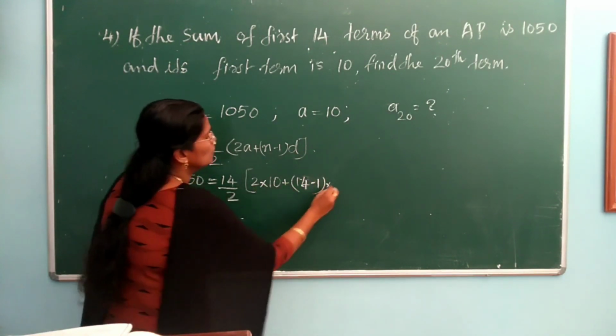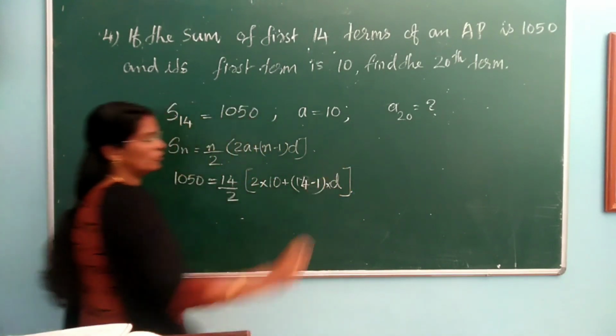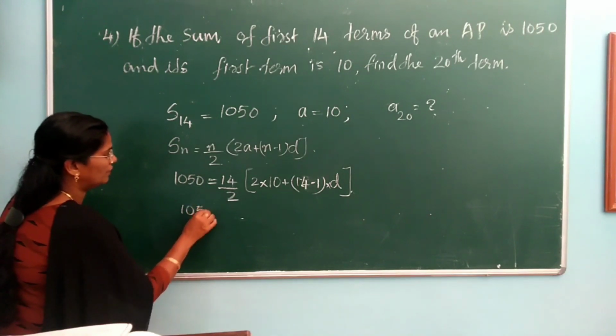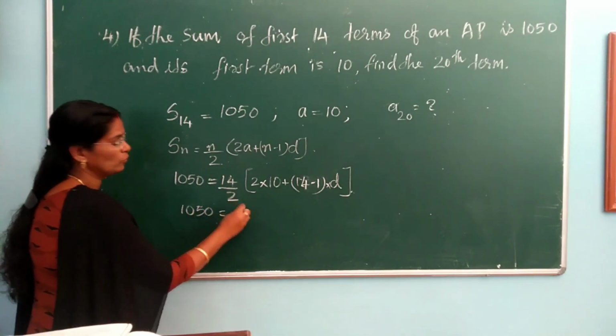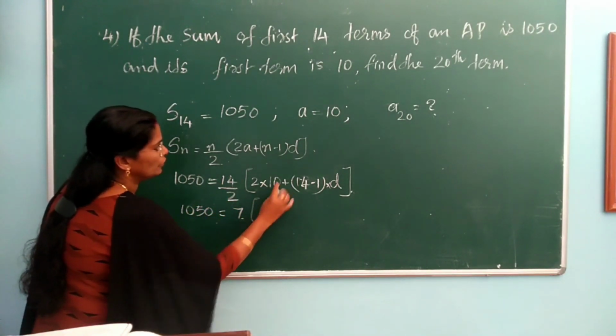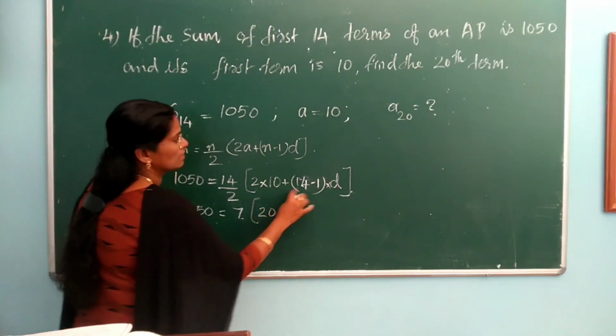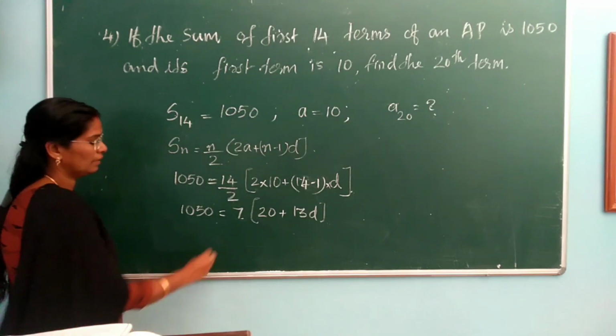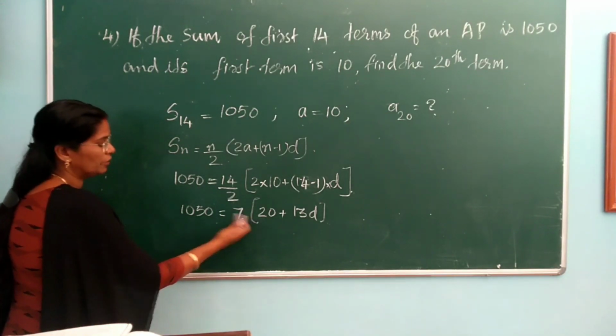D is equal to, we have to find out, so we are writing D itself. Okay. So 1050 is equal to 14 by 2 is 7, into 2 into 10, 20 plus 13 D. Okay. Now first you have to change this 7 to the left side.